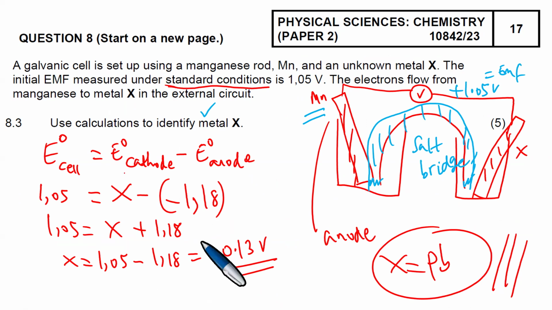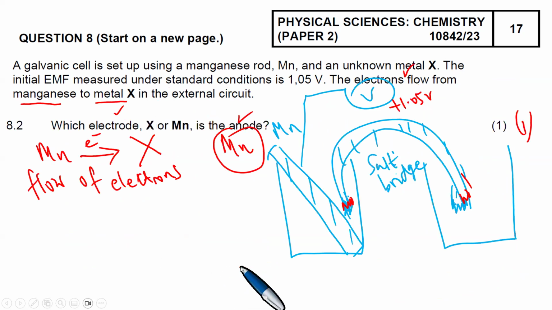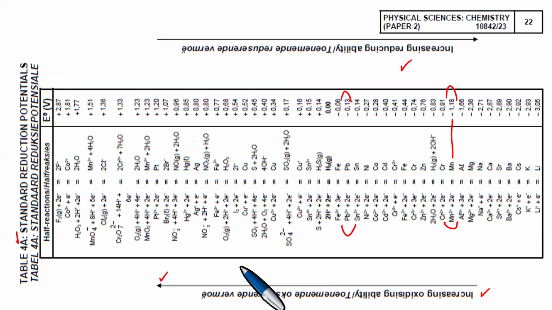We have seen in the table, identify the metal X. What kind of a metal is it? It is Pb, and Pb is lead. So X is minus 0.13. Look at the table of standard reduction potentials and look for minus 0.13.